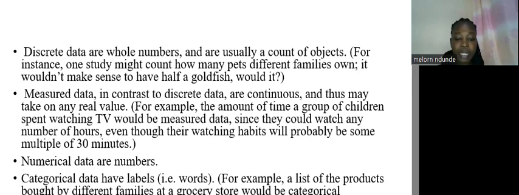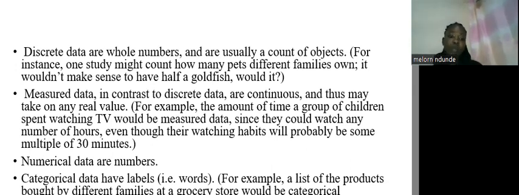Measured data, in contrast to discrete data, are continuous, and thus may take on any real value. For example, the amount of time a group of children spent watching TV would be measured, since they could have watched any number of hours, even though their watching habits will probably be some multiple of 30 minutes.